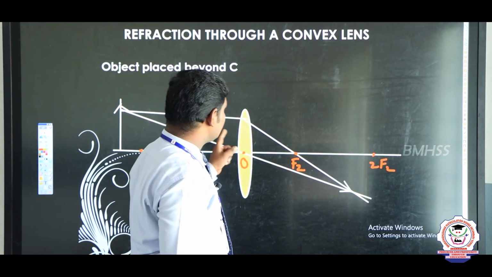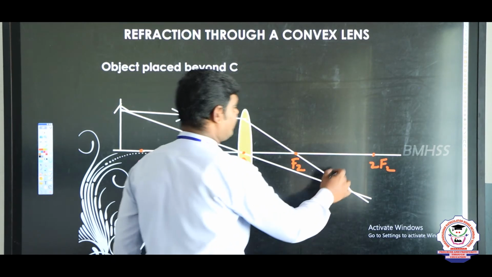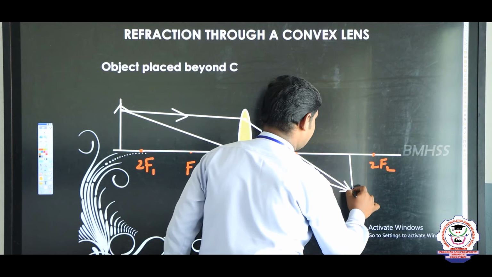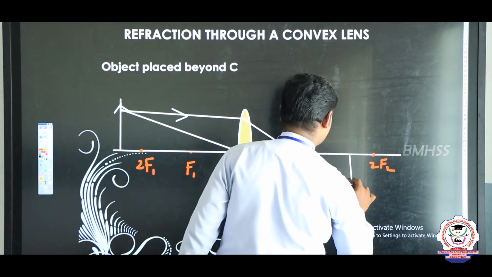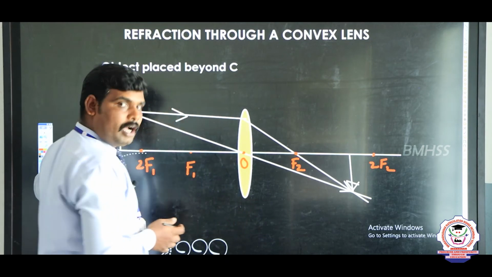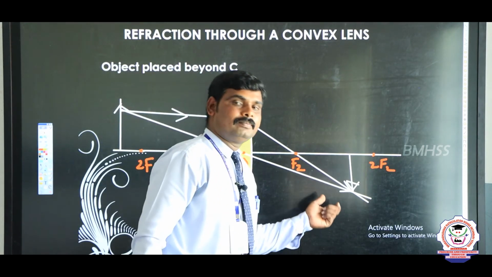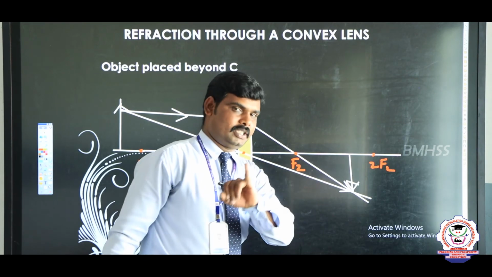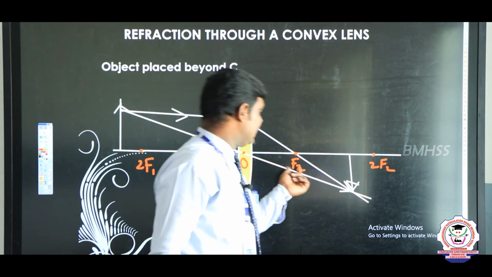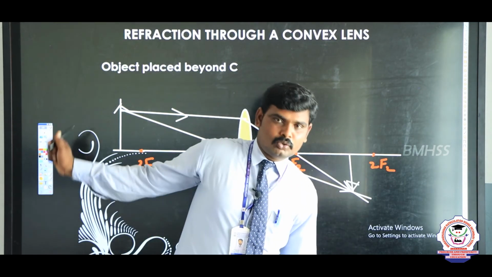These two lines meet at one point, and at this point the image will be formed. That image is very small compared to the object size. The position is between F2 and 2F2, and the size is small compared to that object.